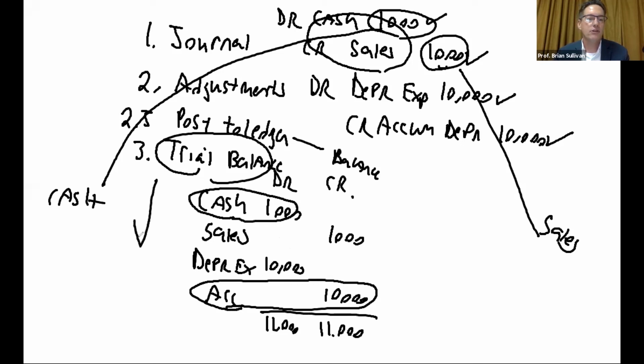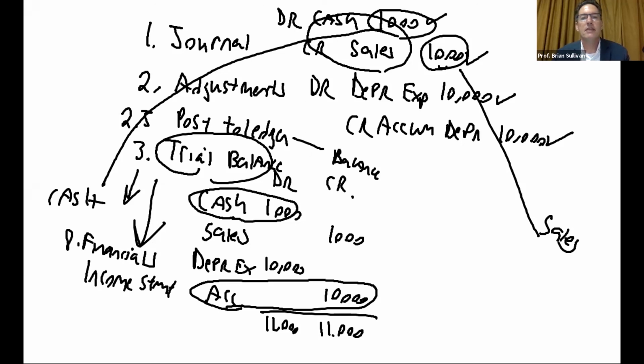And eventually when you get to the end, you do your income statements and balance sheets. These are the financials. You run the financials. That's like the last step, number 8, and there are other steps in between. So that's generally how you do it. If you follow all those steps, it will balance.